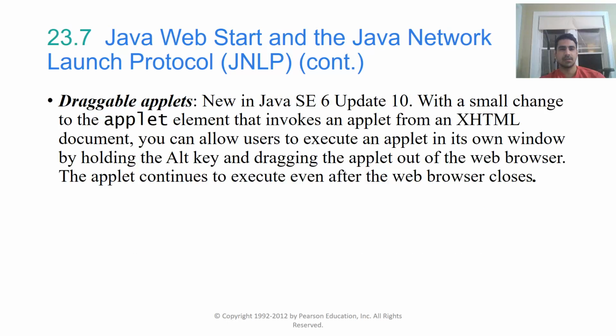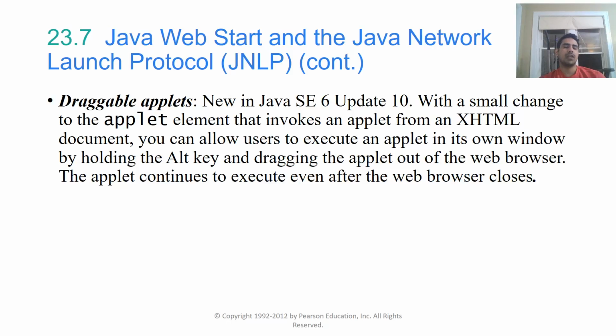Draggable applets are new in Java SE update 10. SE is Standard Edition. Update 10 comes with a small change to the applet element that invokes an applet from an XHTML document.